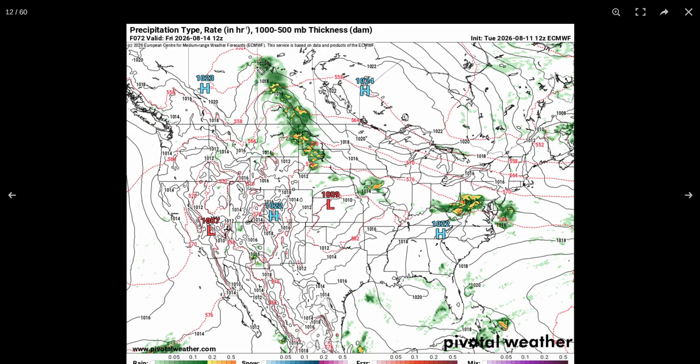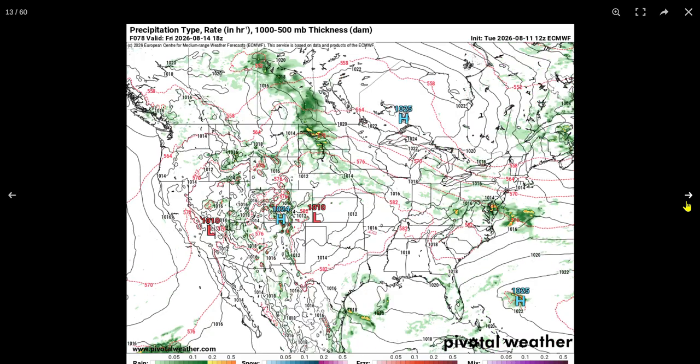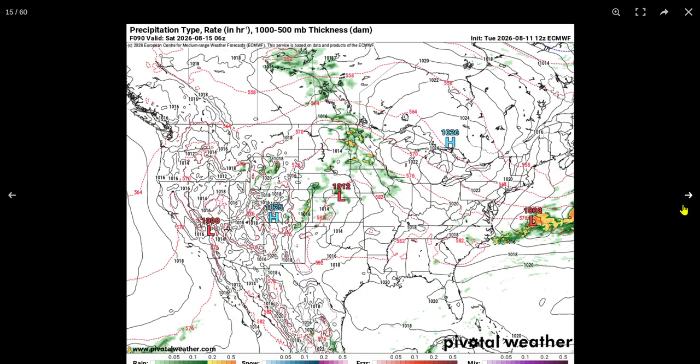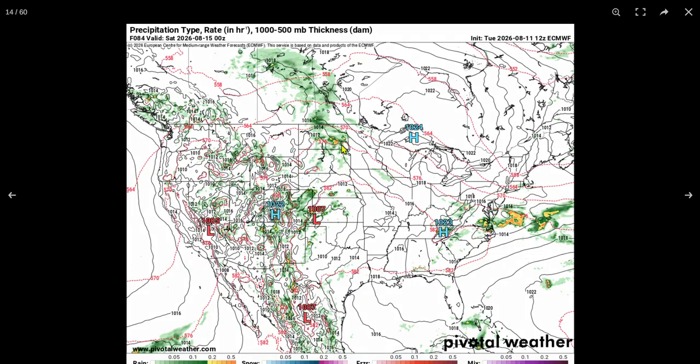And then we have a little line of storms here, I guess you can say. It's not really an organized line, but it's still something moving through the northern plains. We really see a lot of activity spike up here later in the night, later in the evening, as we go into the 15th.